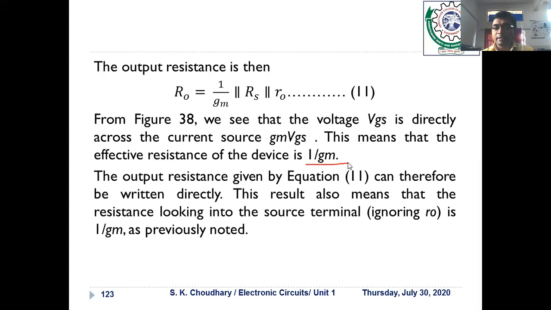The output resistance can therefore be written directly as in equation number 11. This result shows that the resistance looking into the source terminal is nothing but 1 upon gm.